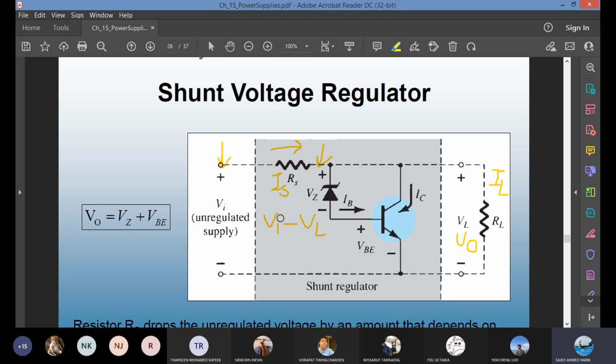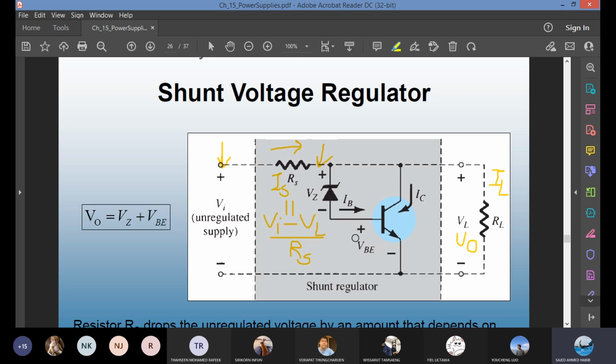VL, this is VI, divided by the resistor RS, this is IS. So I'm going to put the arrow right here. IS equals, I just put the equal sign, but I flip it by 90 degrees.